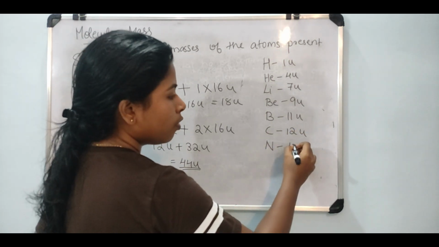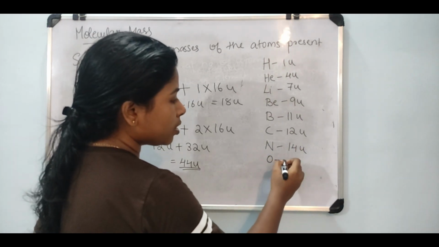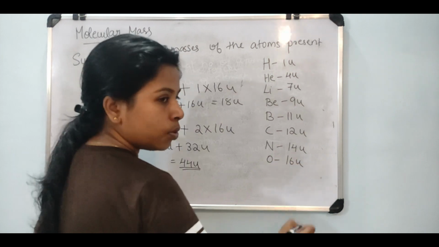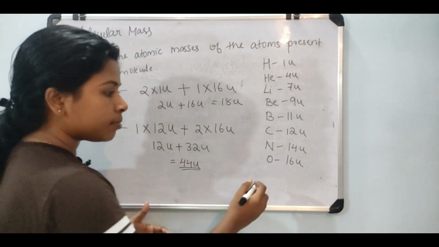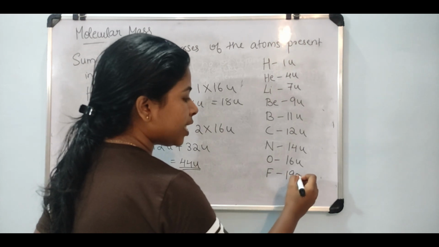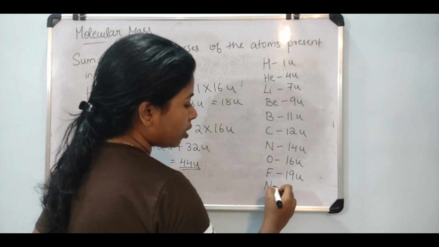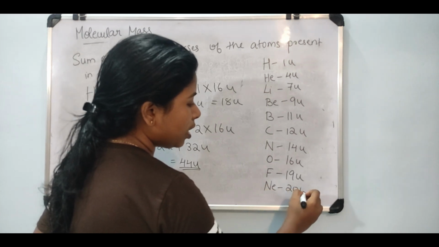Nitrogen 14U. Okay, oxygen 16U. Then fluorine 19U. Neon 20U.